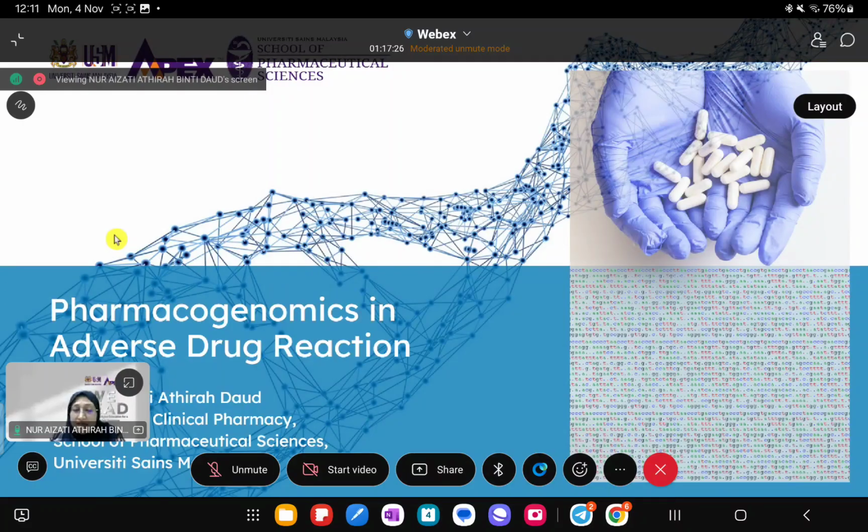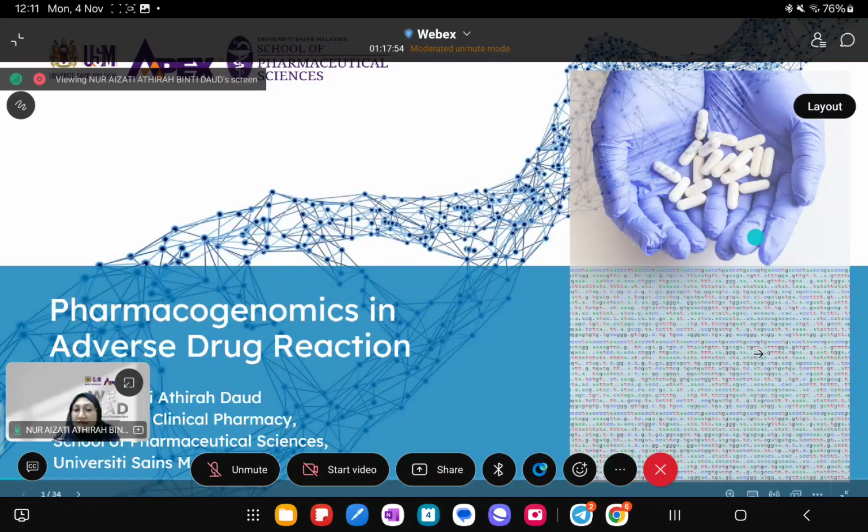But now, with pharmacogenomics, there are pharmacogenetic markers that can predict some proportion or probability that this patient is going to have that reaction, so that we can stop the patient from taking that drug. Okay, we are actually saving the patient's life.